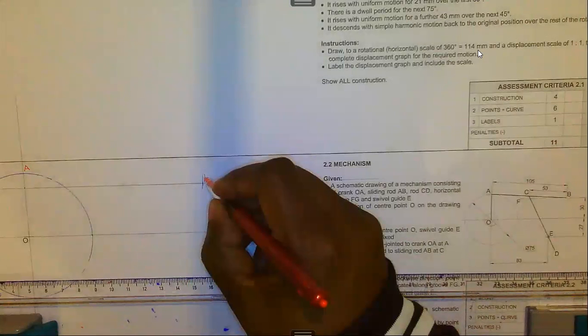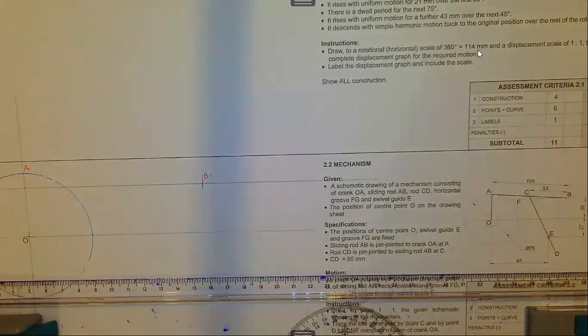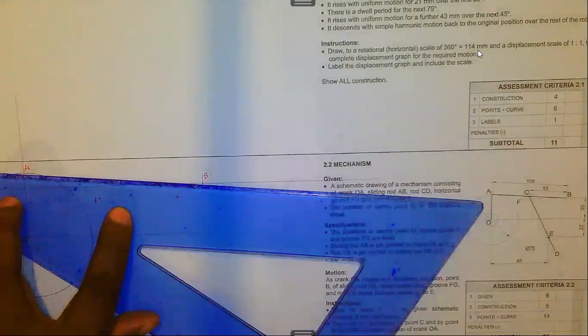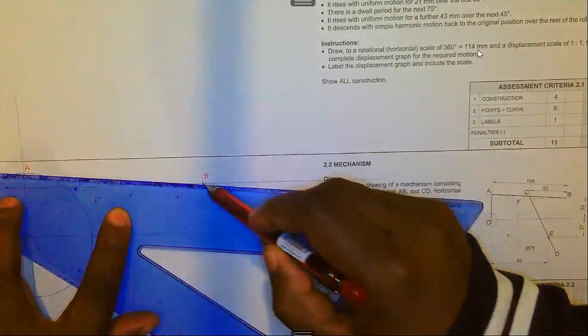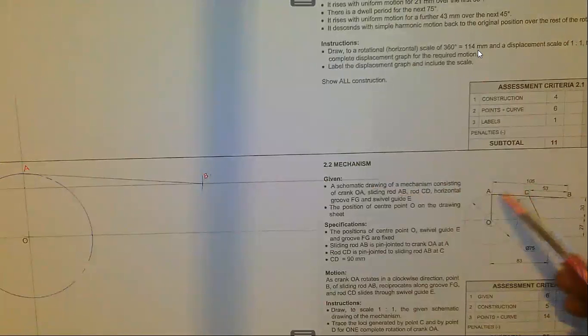You can connect point A to point B. There you go. And you have O, A, and A to B. Right, this B is located 30 millimeters from the center line.